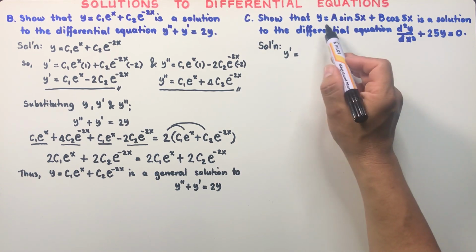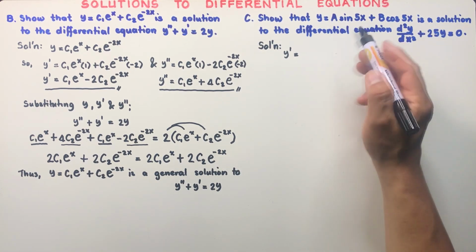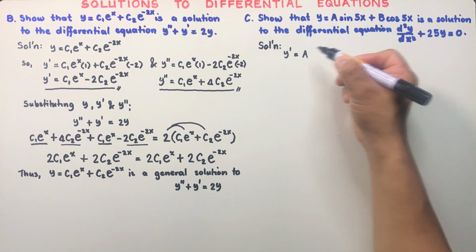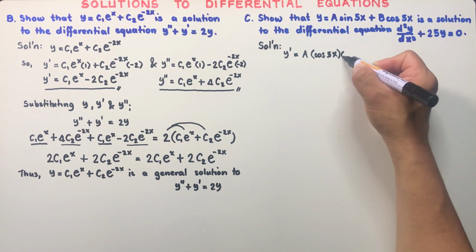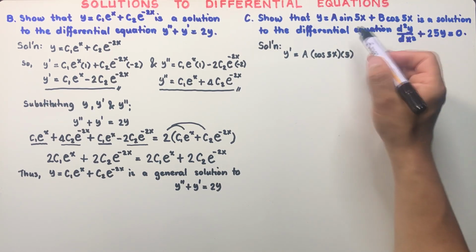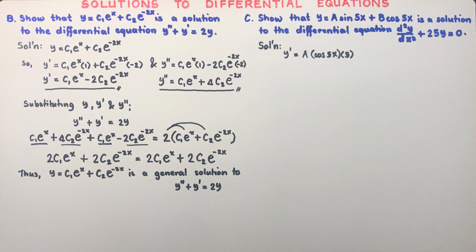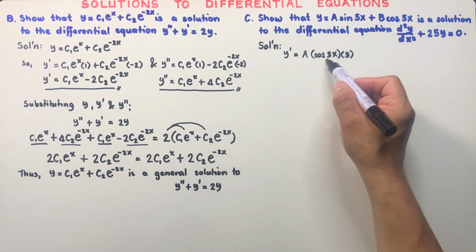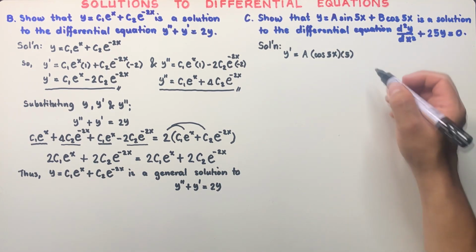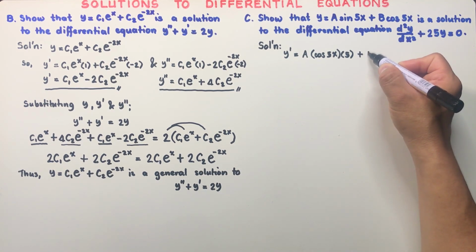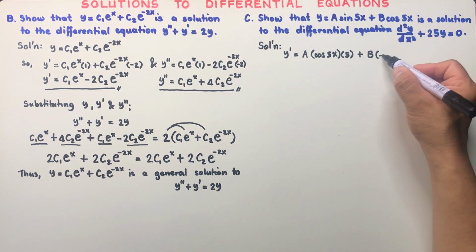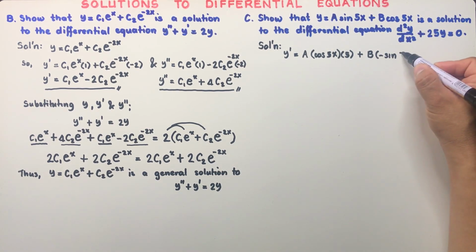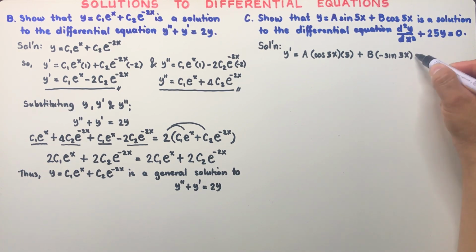So the first derivative of this a sine 5x is a times cosine 5x times 5, because the derivative of sine is cosine, and by the chain rule we need to multiply by the derivative of 5x, which is 5, and then we add that one to b times the derivative of cosine 5x, which is negative sine 5x, and by the chain rule again we need to multiply it by 5.